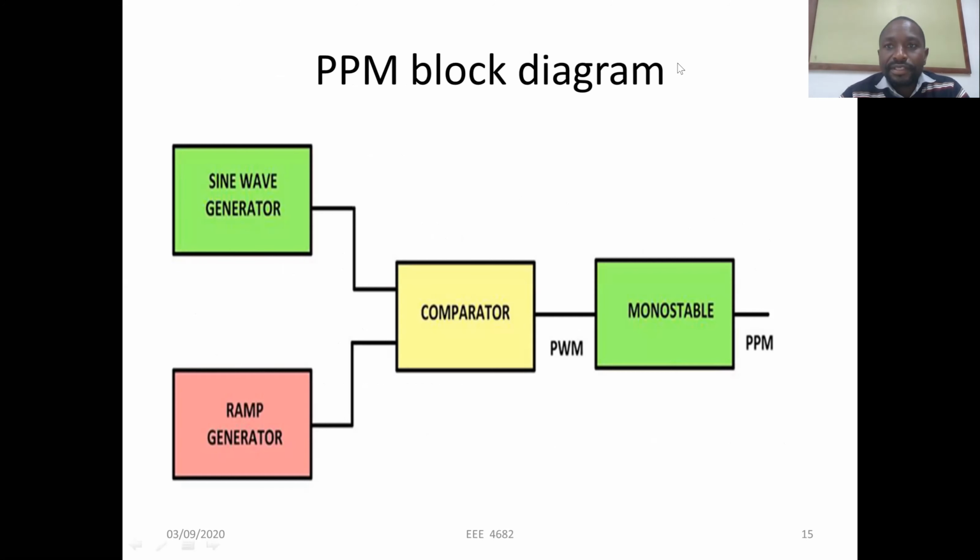And you notice that with this pulse width modulation, when we pass it via the monostable circuit, you're going to get what is known as a pulse position modulator. So basically with pulse position modulation, all you do is get the output of the pulse width modulation and pass it through the monostable circuit. So it's basically an improvement of the pulse width modulation circuit.